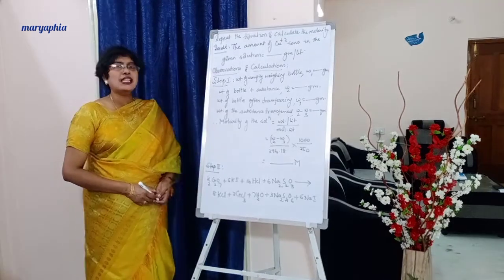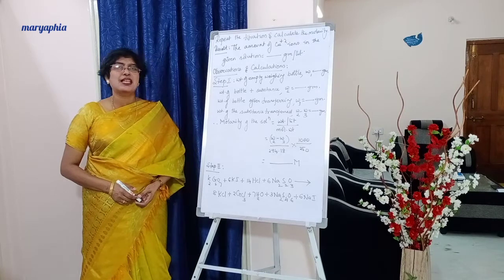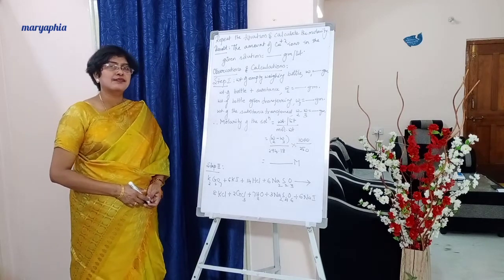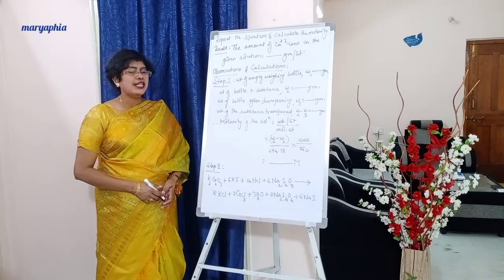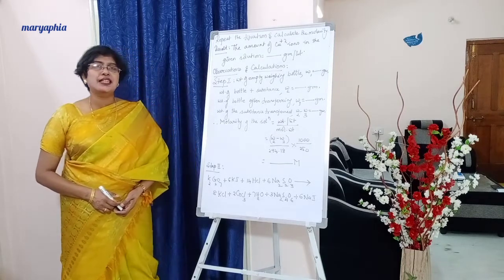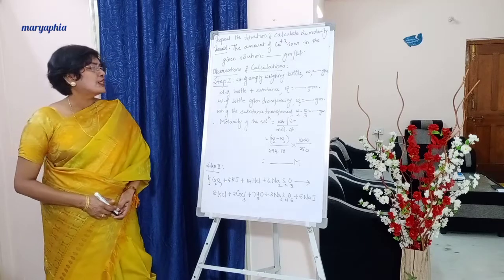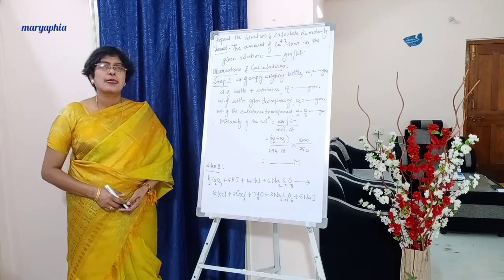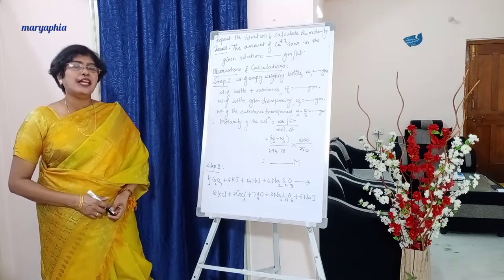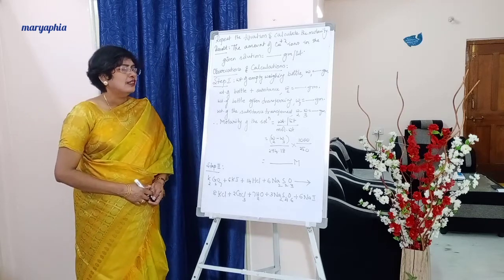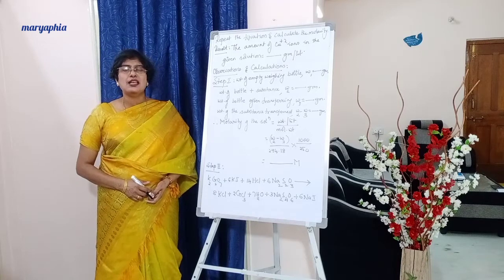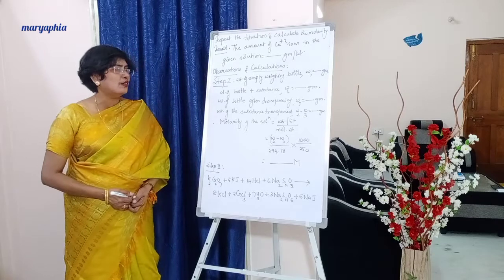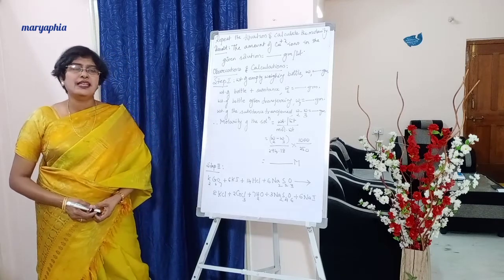Next, weight of the bottle after transferring the substance, W3 equals dash grams. Next, weight of the substance transferred, W2 minus W3 equals dash grams. Therefore, molarity of K2Cr2O7 or molarity of the solution will be equal to weight by liter by molecular weight.